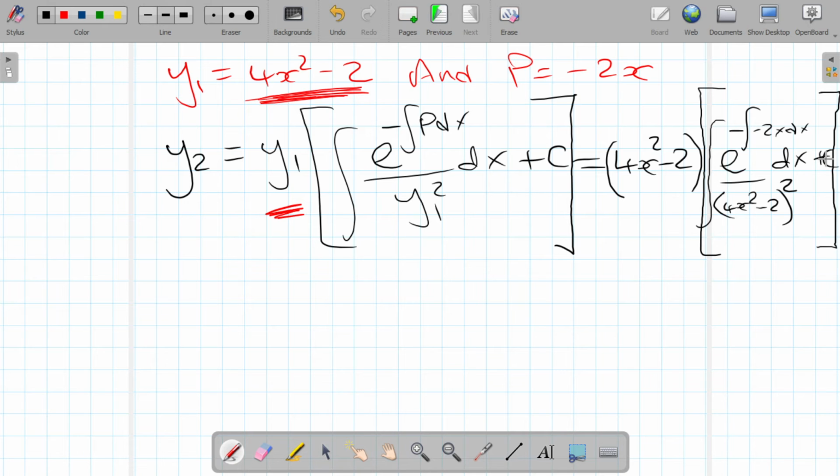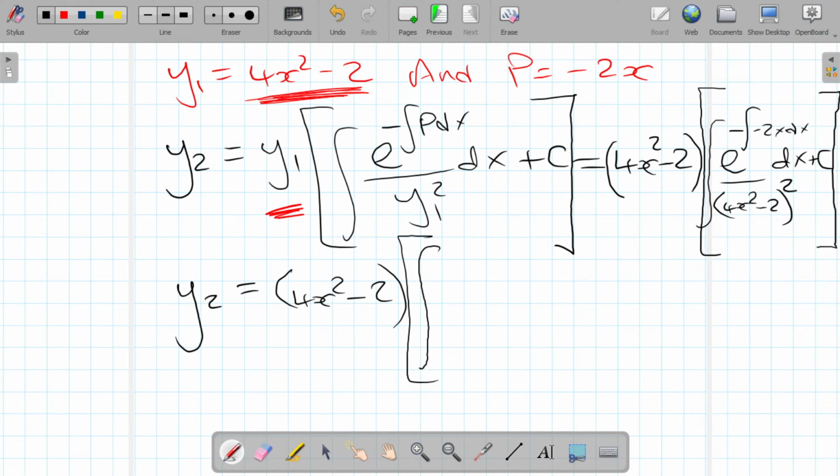So maybe I should make it a little clearer if I can. I hope that's clear for you, but basically that's what you do. And if you proceed with the algebra, you get 4x squared minus 2 times the integral of the exponential.